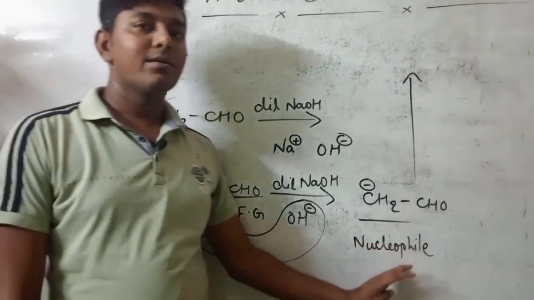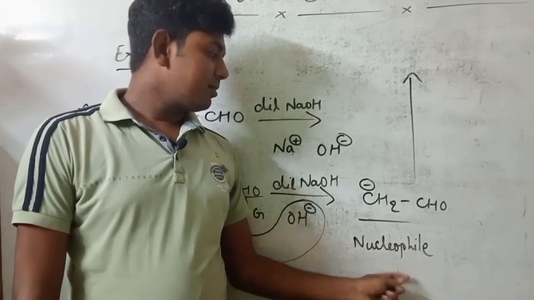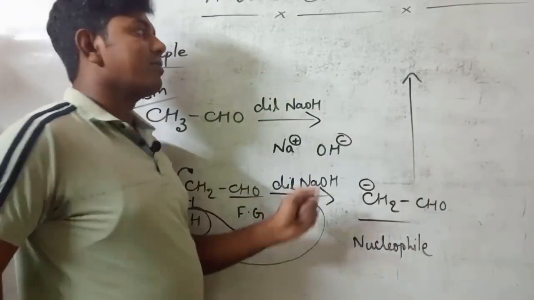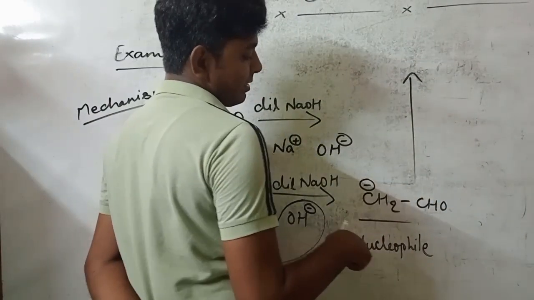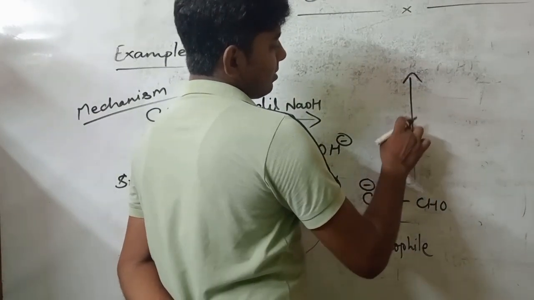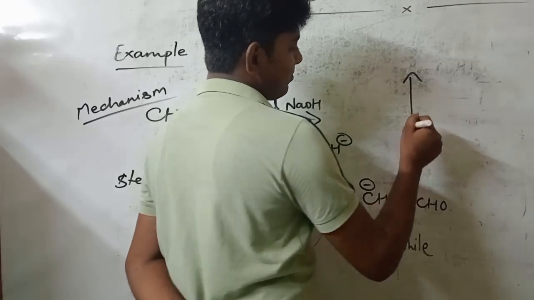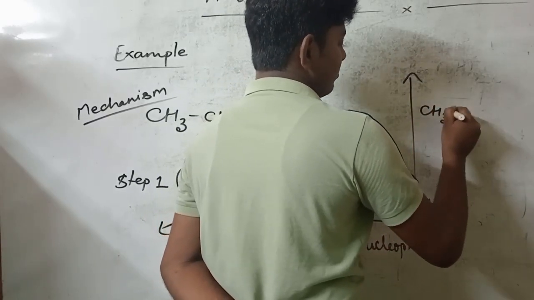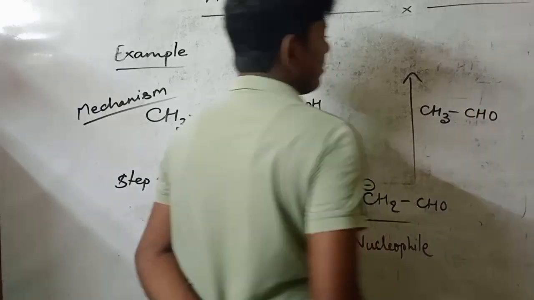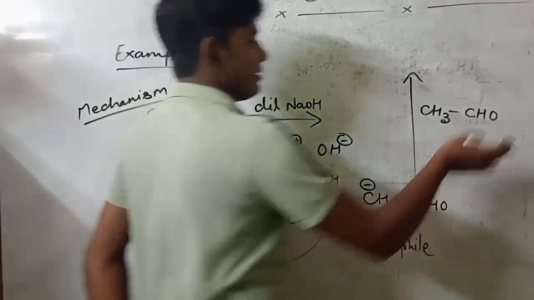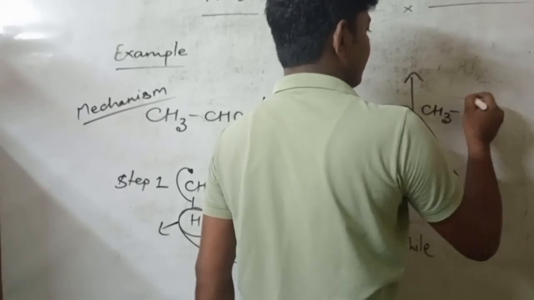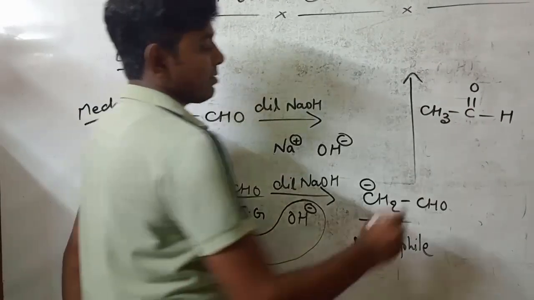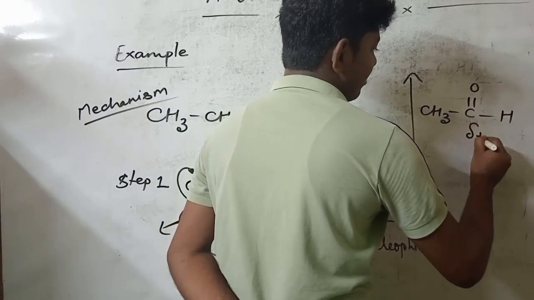A nucleophile is a group of atoms attracted to a positive center on carbon atoms, having a lone pair. After that, we can write here: this is called partial positive.